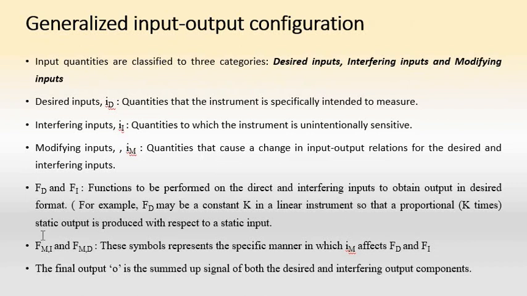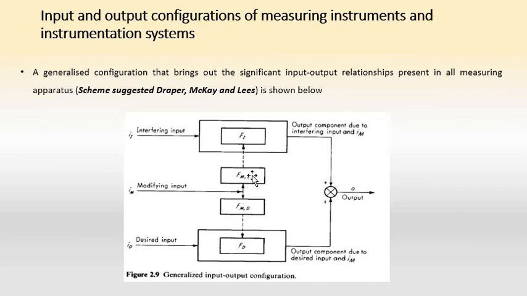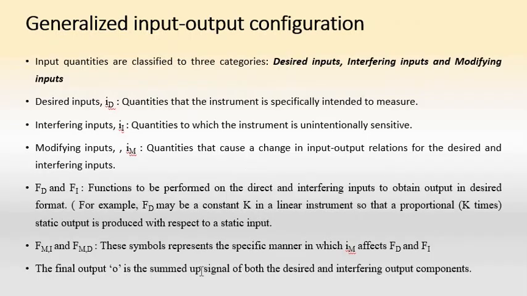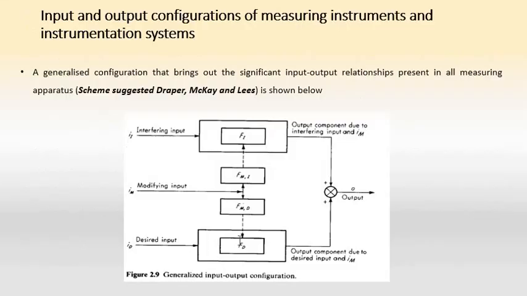Now the next ones are Fmi and Fmd. You can see here the Fmi block and the Fmd block. Fmi is a symbol used to represent the effect of the modifying input on the interfering input. Similarly, Fmd is a symbol which represents the modifying input effect on the desired input.